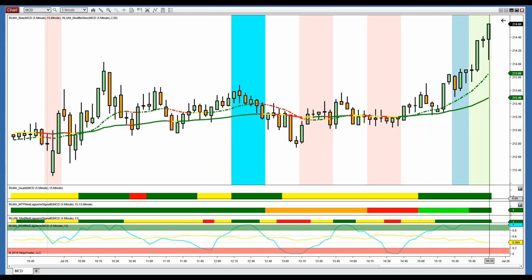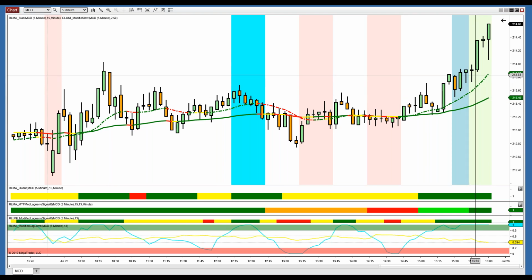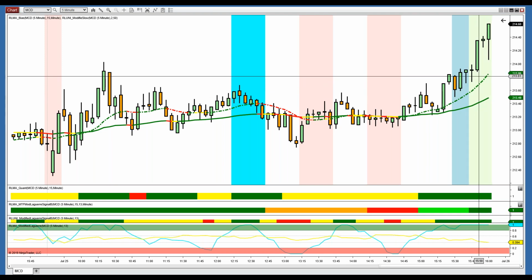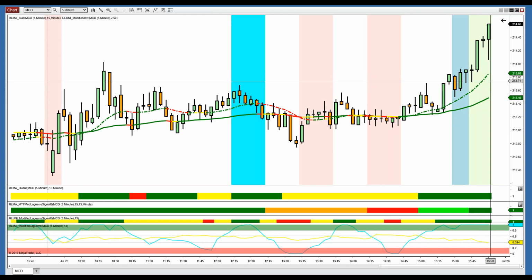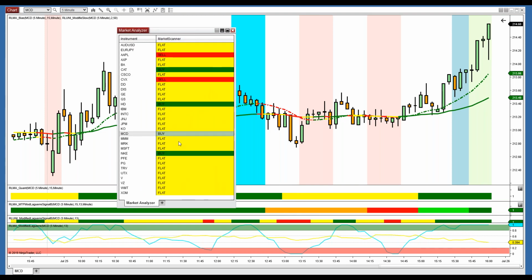They're all moving up with McDonald's on a multi-time frame basis. And McDonald's is in a multi-time frame trend to the upside. That's what this green background means. So what the analyzer, or the scanner, is telling us is that if we want to look at McDonald's, it's in a great position for a buy.